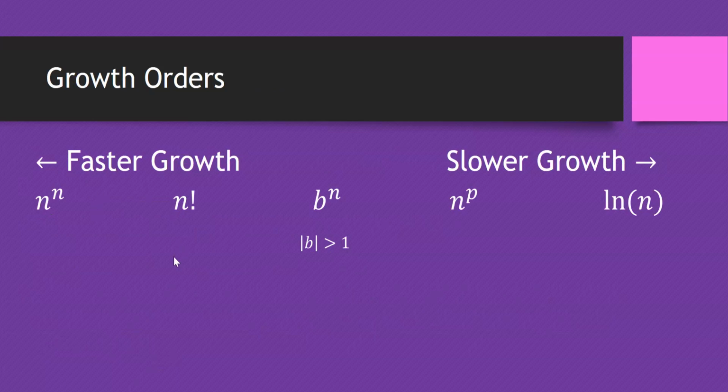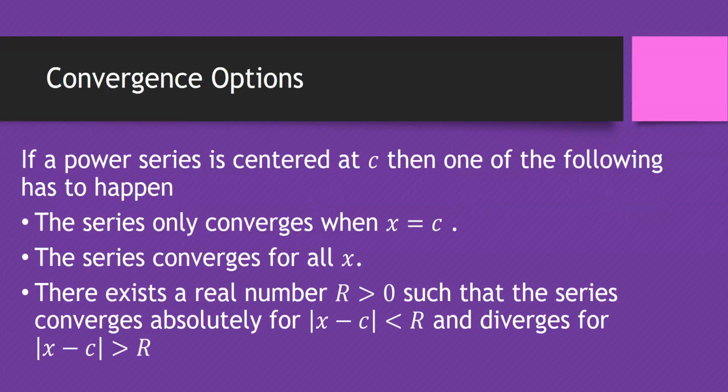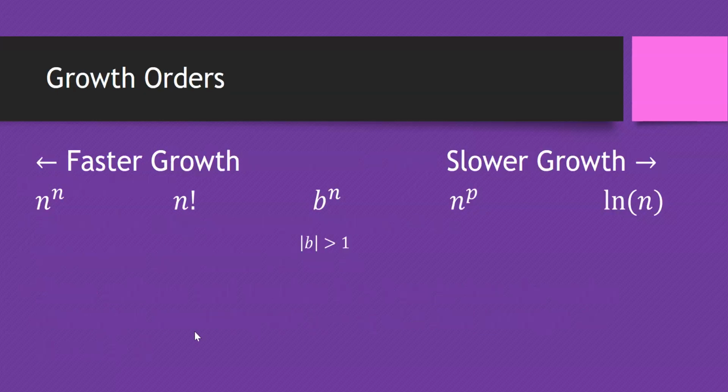Now, this convergence versus divergence, notice that in that last option, we said converges absolutely. So there's going to be a lot of ratio tests and things like that. But I want you to think back to the order of growth that we dealt with in 9.6 and before. We said n to the nth power was sort of our fastest growth that we saw.